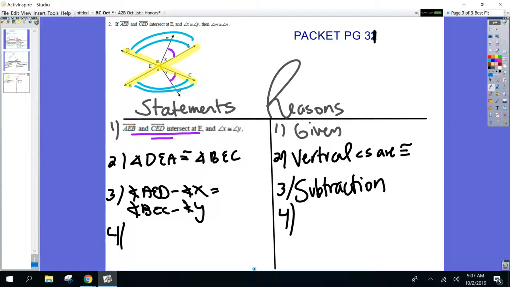And after every subtraction comes a substitution to finish it off. I'm going to substitute in angle M congruent to angle N.